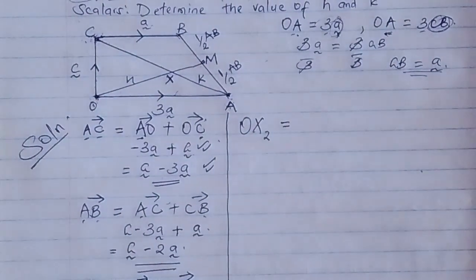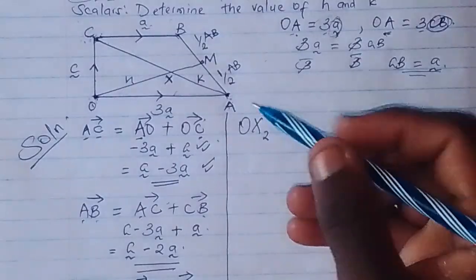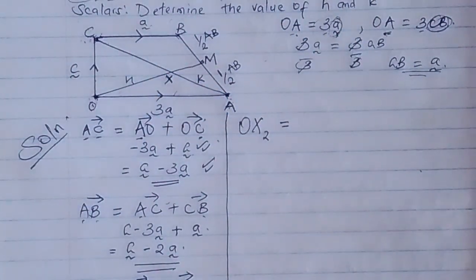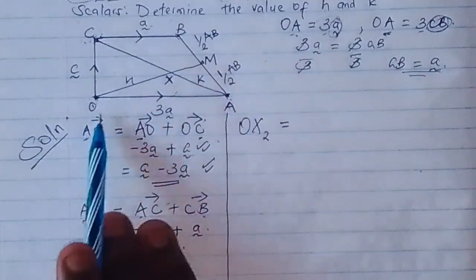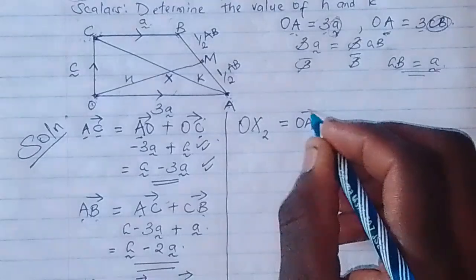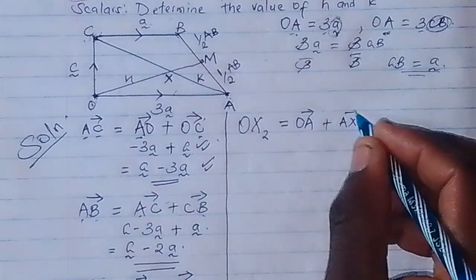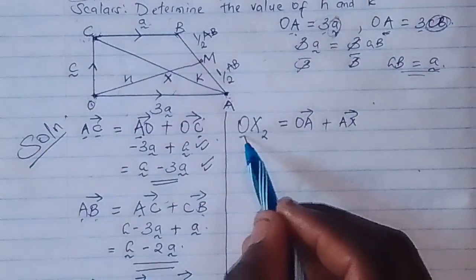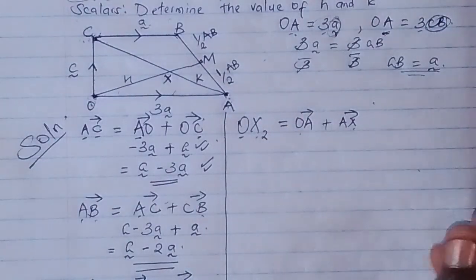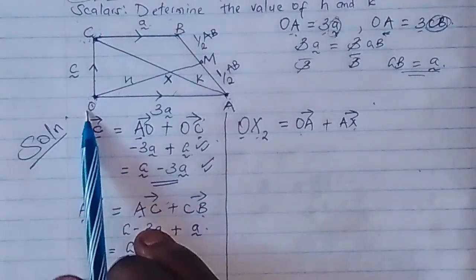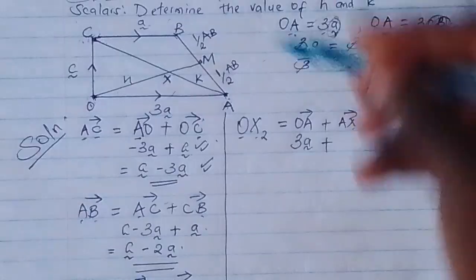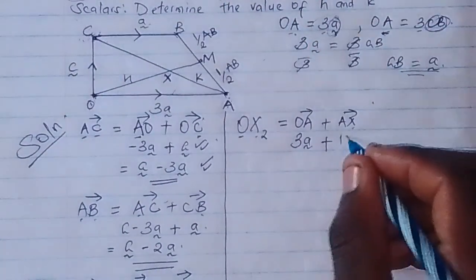If you are going to include AX, we have to choose a route in which AX is included. So to include AX, OX2 is OA plus AX. Remember I said the first letter should begin, the last letter should end. So OX2 is OA, we know our OA is 3A, and our AX is KAC.